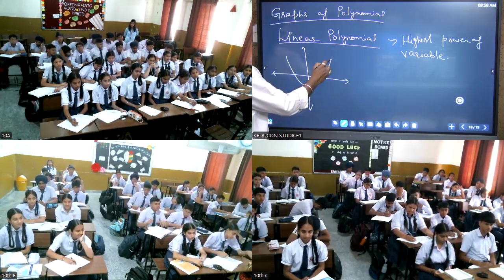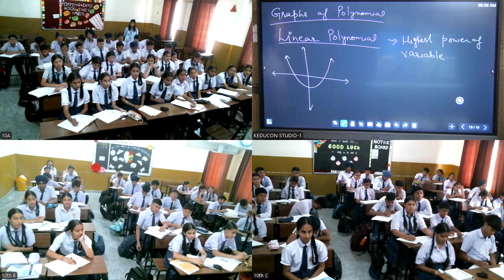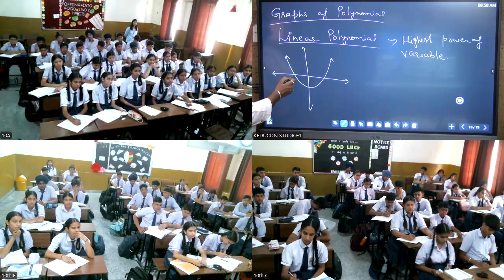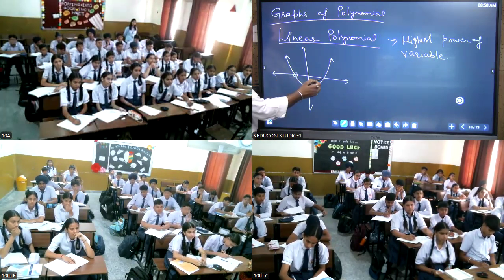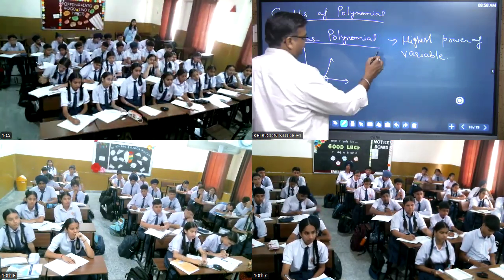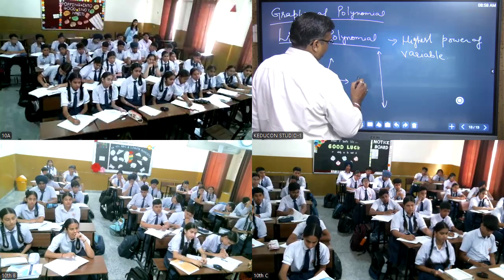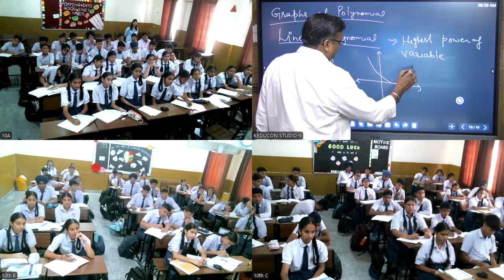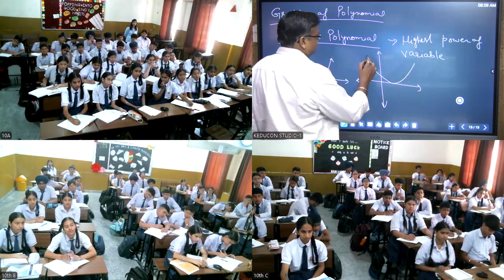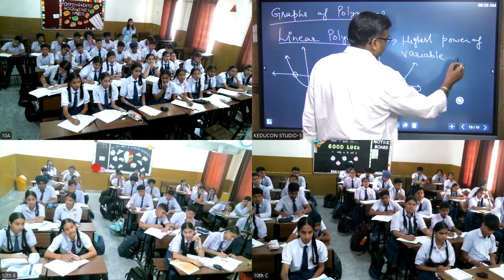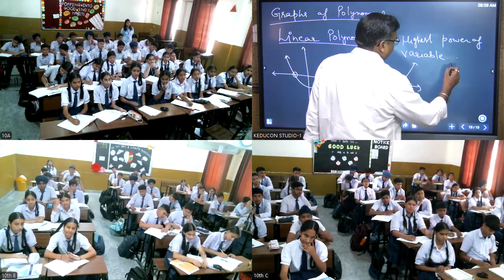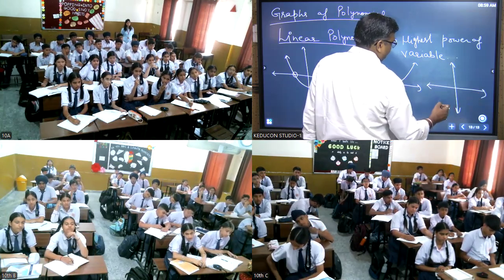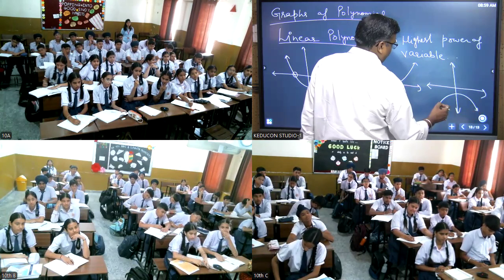If you look at this graph, how many zeros does this polynomial have? One is this, another is... How many zeros does this polynomial have? One. How many zeros does this polynomial have?